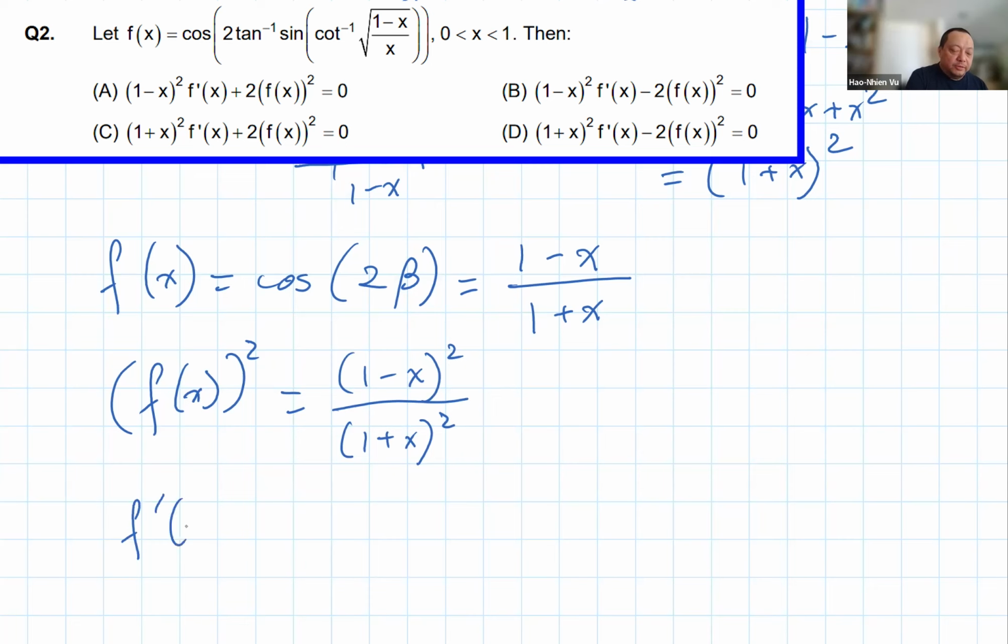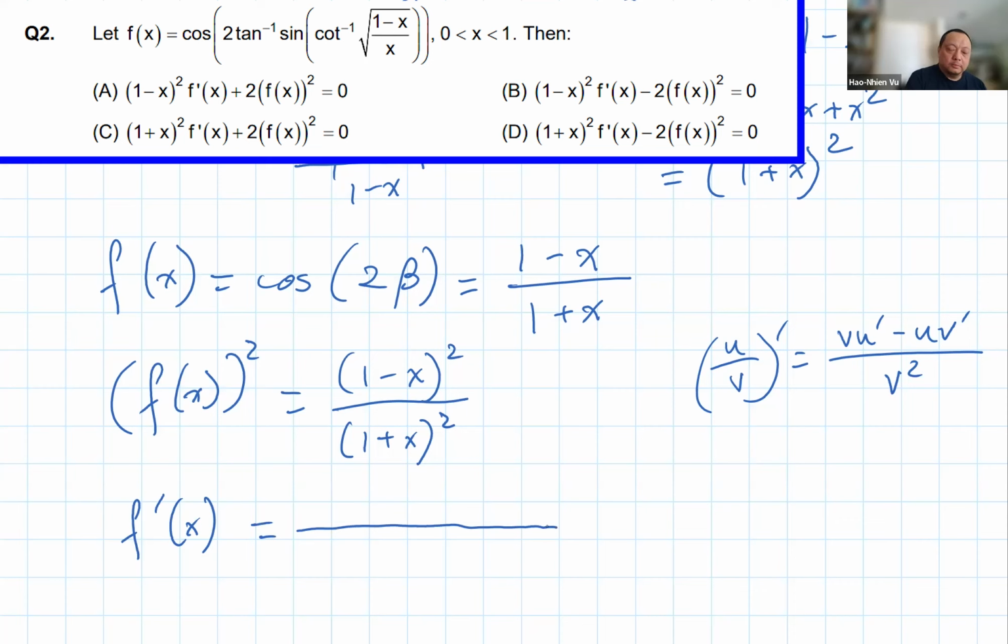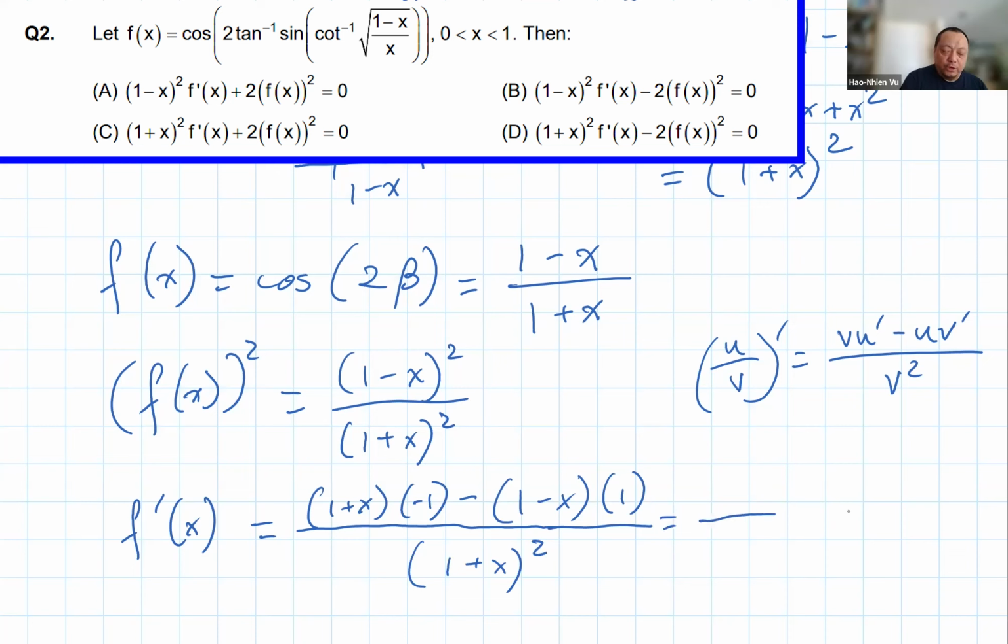Whereas the derivative of f using the quotient rule is v u prime minus u v prime, the whole thing over v squared. Simplify the numerator.